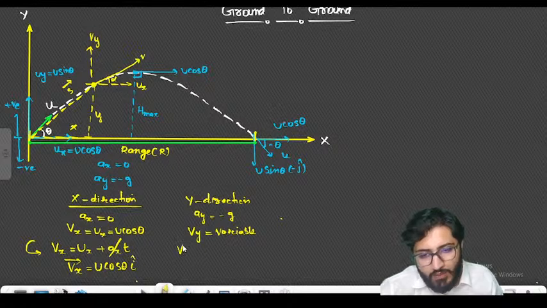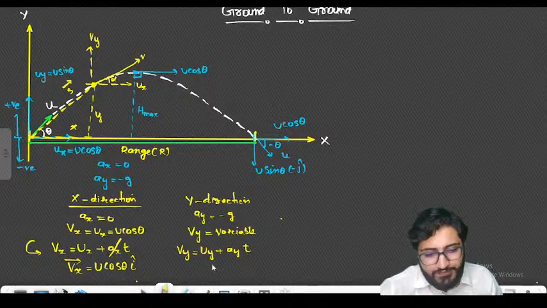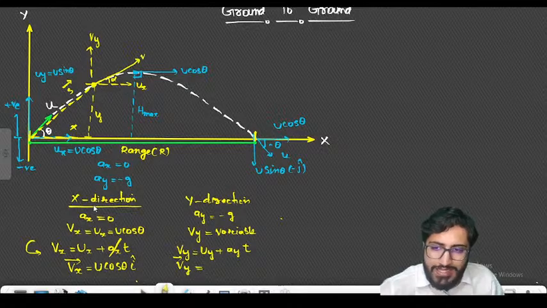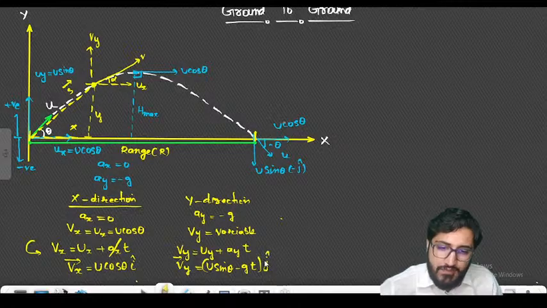Now vy equals uy plus ay t. What is uy? Is it u sin theta? Yes, sir. It will be u sin theta minus gt. The whole thing will be in the j direction.